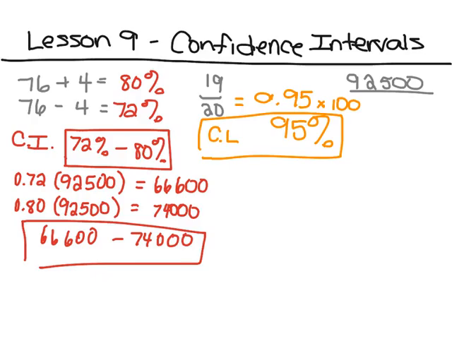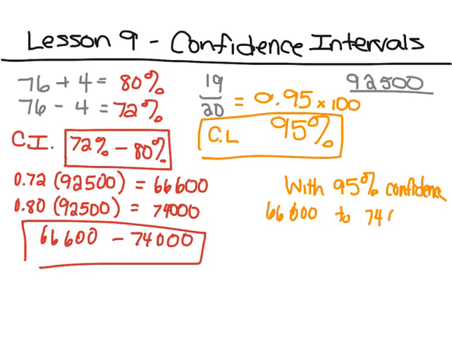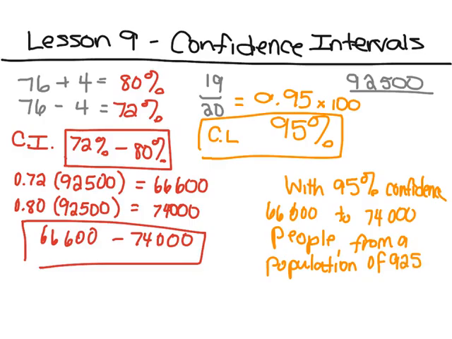So what this data means is that with 95% confidence, 66,600 people to 74,000 people, from a population of 92,500 people, have a social media account.